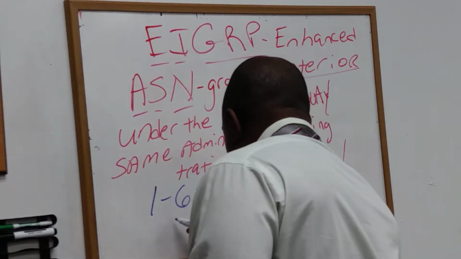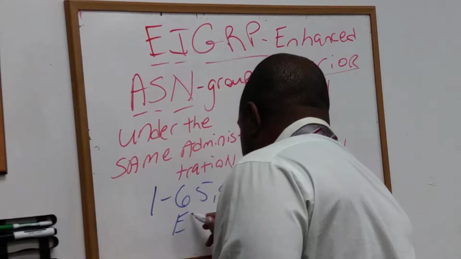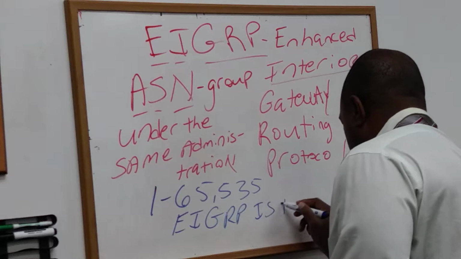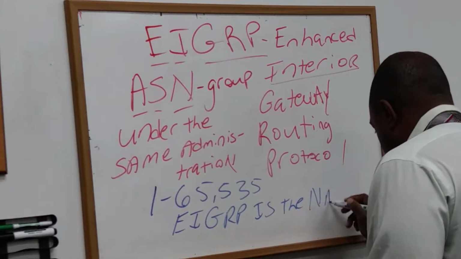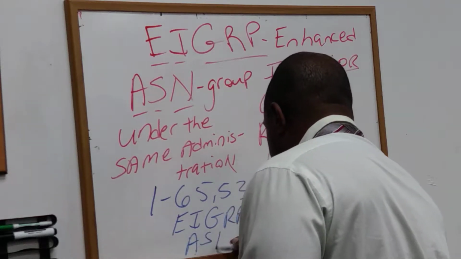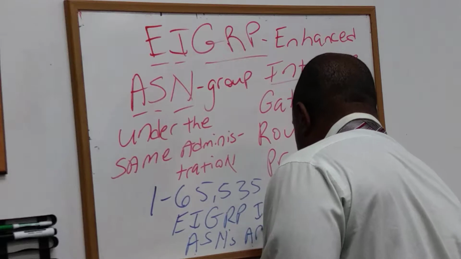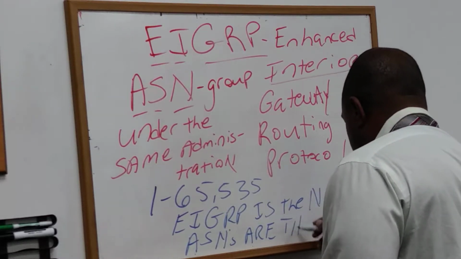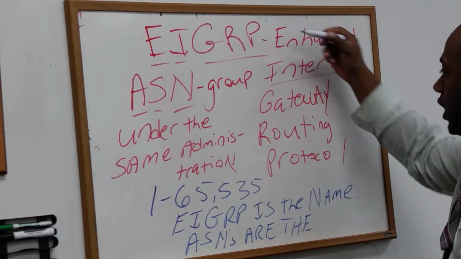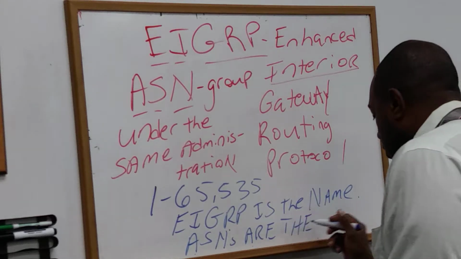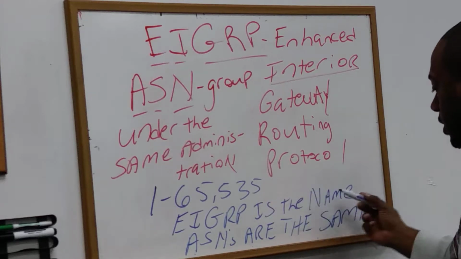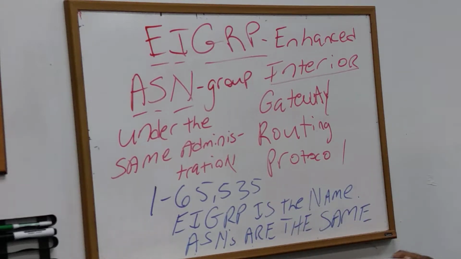So I came up with a slogan, a rhyme that I invented that describes EIGRP and autonomous system numbers: EIGRP is the name, autonomous system numbers are the same.